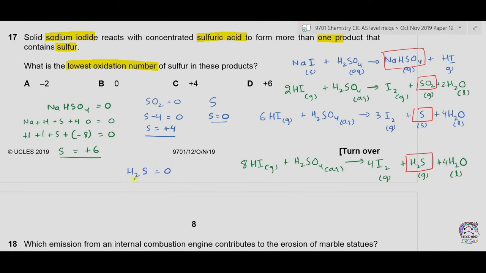Overall charge is 0. We have 2 hydrogen atoms and 1 sulfur. So for 2 hydrogen we would have +2 and sulfur will become -2. So we can see that the lowest oxidation number of sulfur in these compounds is -2. So therefore answer is A.